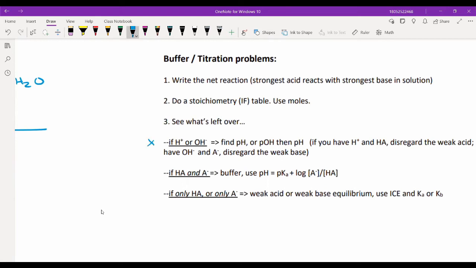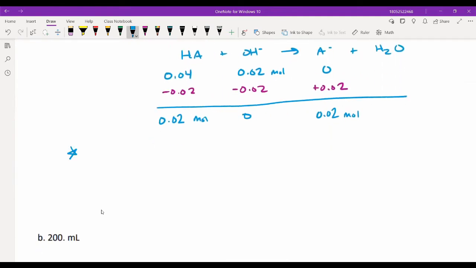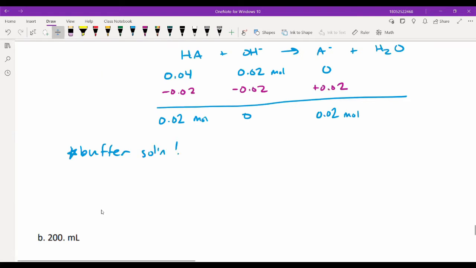We do have HA and A minus, which, if we recall, is a buffer, and we can use the easier way, the Henderson-Hasselbalch equation. Okay, so buffer solution, and plug it into here.